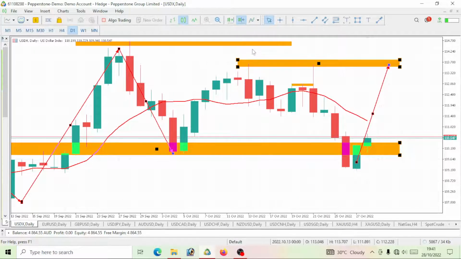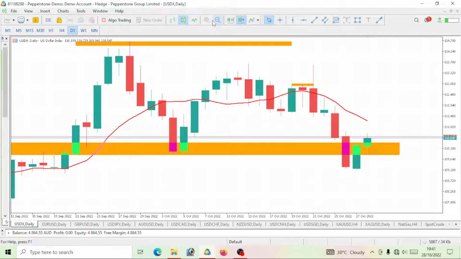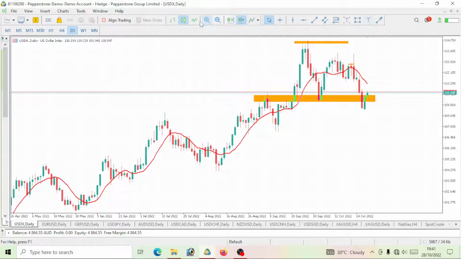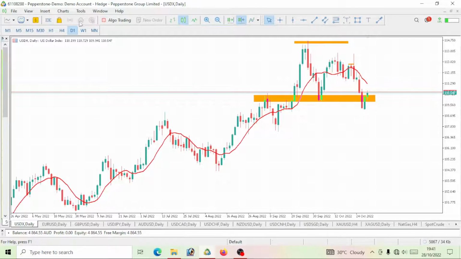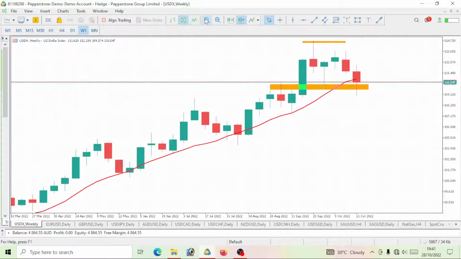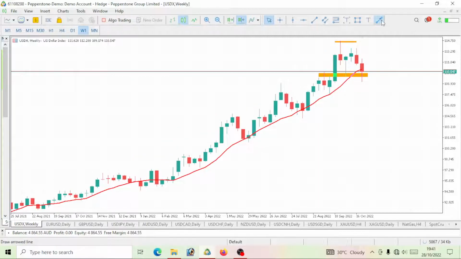Now take a look at this movement on USD index. Another way you can see this price movement is on the weekly time frame, which will be better since we want to see this price for this week. We can take here as an impulse move, right?